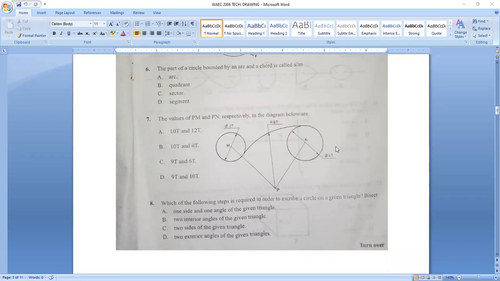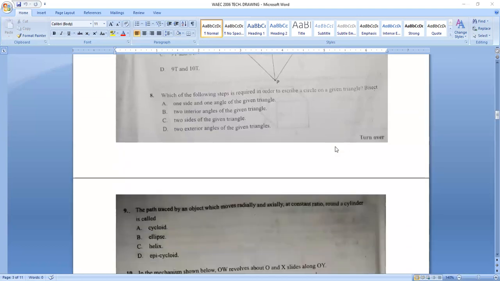Then question 8 says, which of the following steps is required in order to inscribe a circle in a given triangle? The answer is option D. We bisect 2 exterior angles of the given triangle. That is option D.